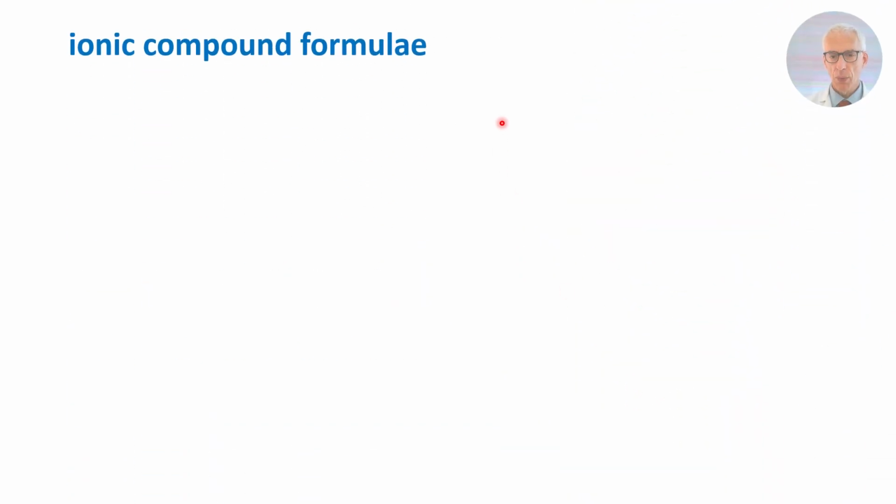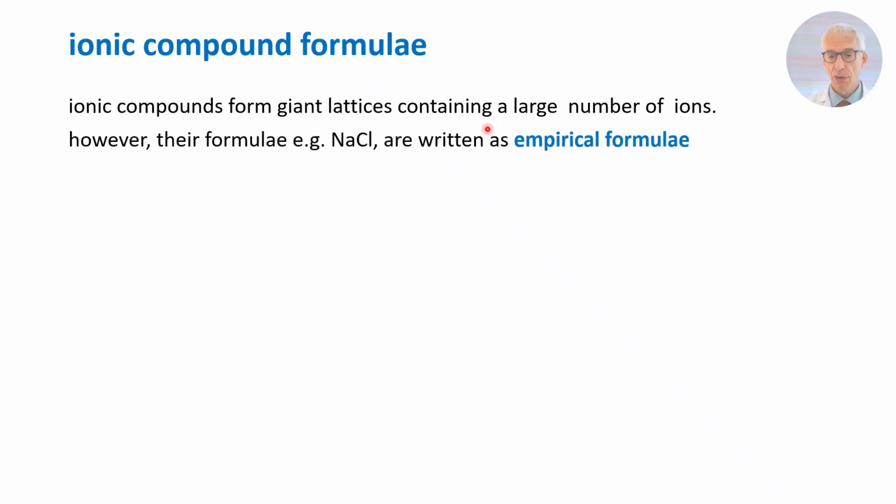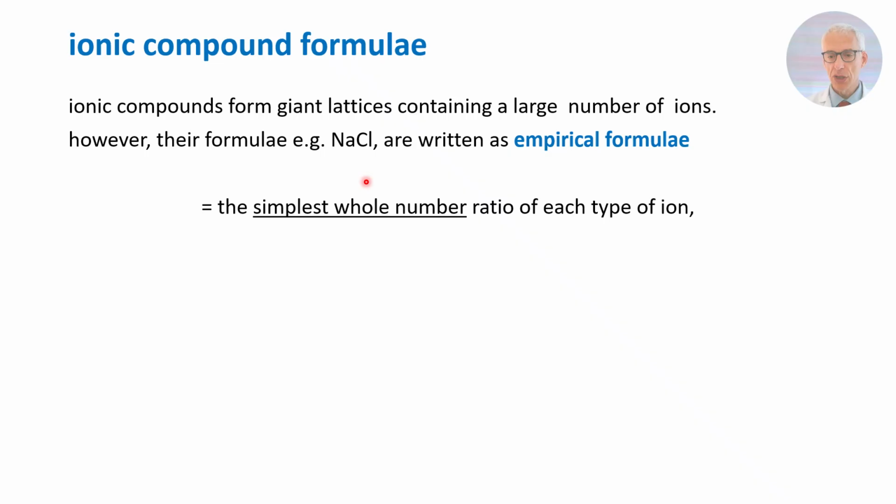So let's start with ionic compound formulae from diagrams and models, recalling that ionic compounds form giant lattices which contain a large number of ions, and therefore the formula of an ionic compound is an empirical formula, a simplest whole number ratio between each type of ion.